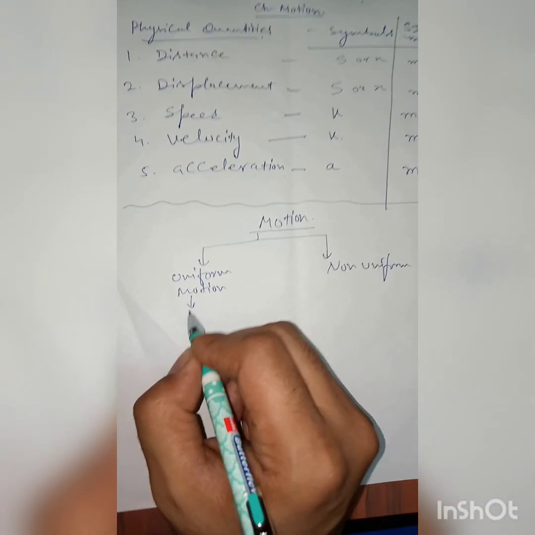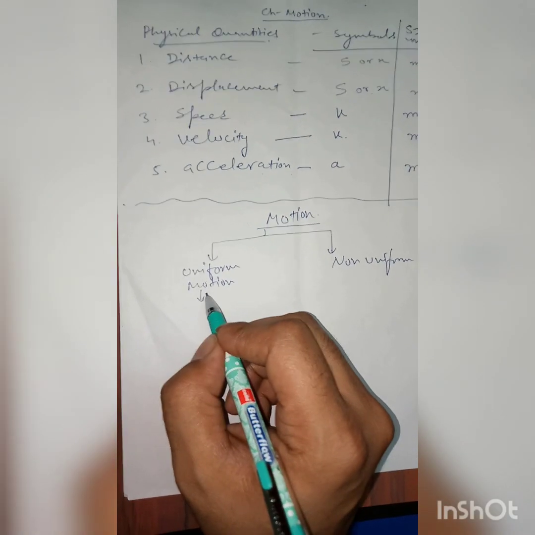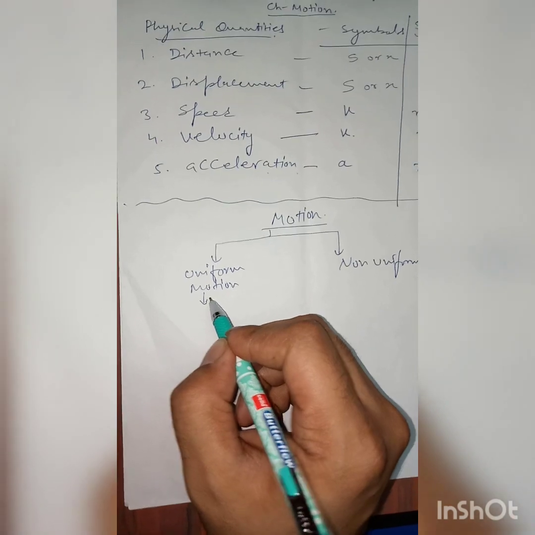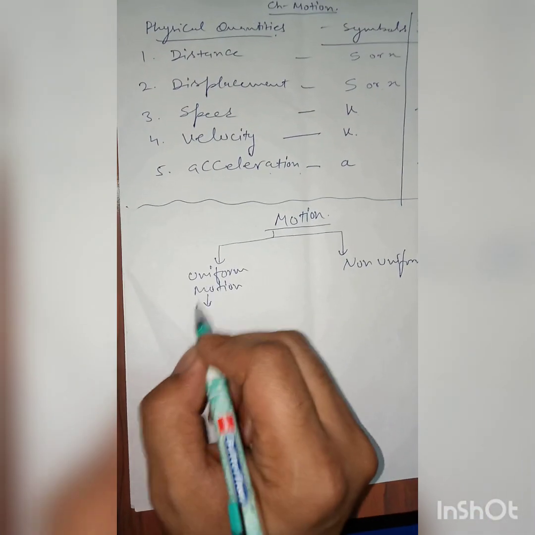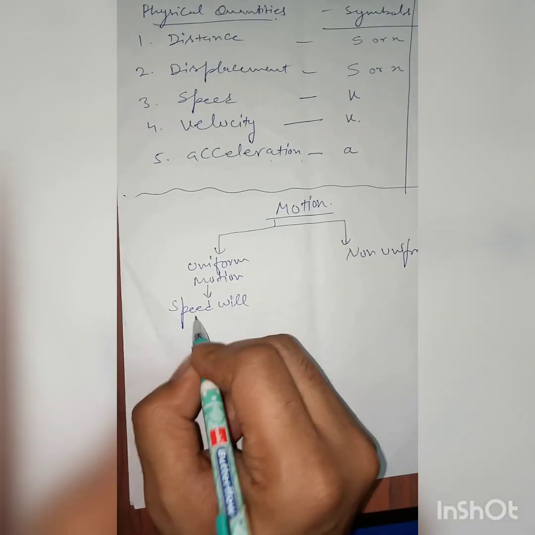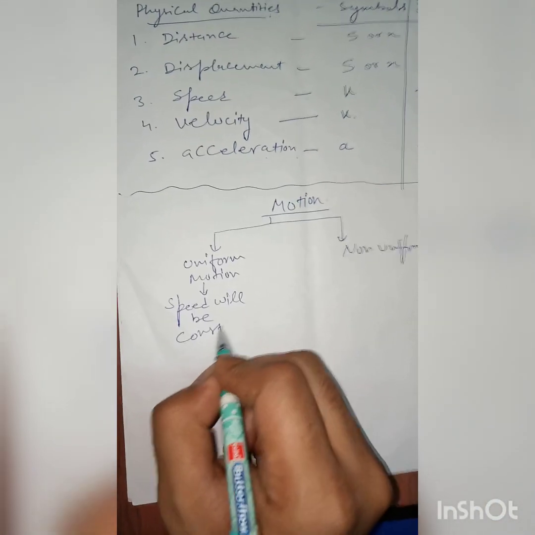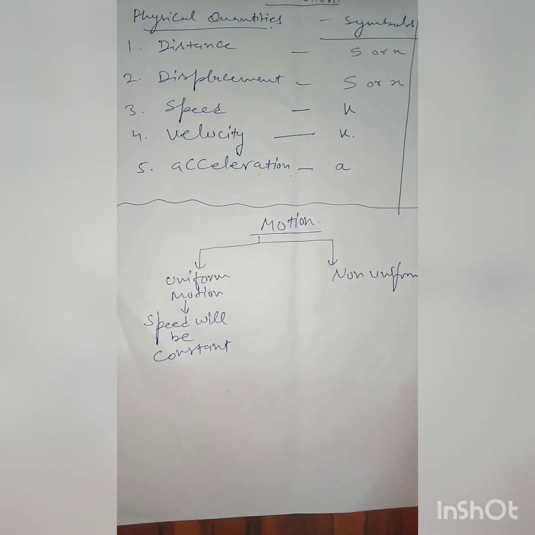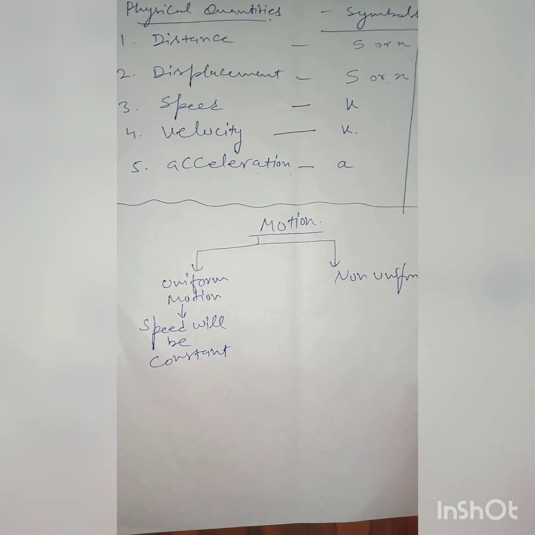Uniform motion means equal change in distance with equal change in time. It means in uniform motion speed will be constant, because equal distance is changing in equal intervals of time.